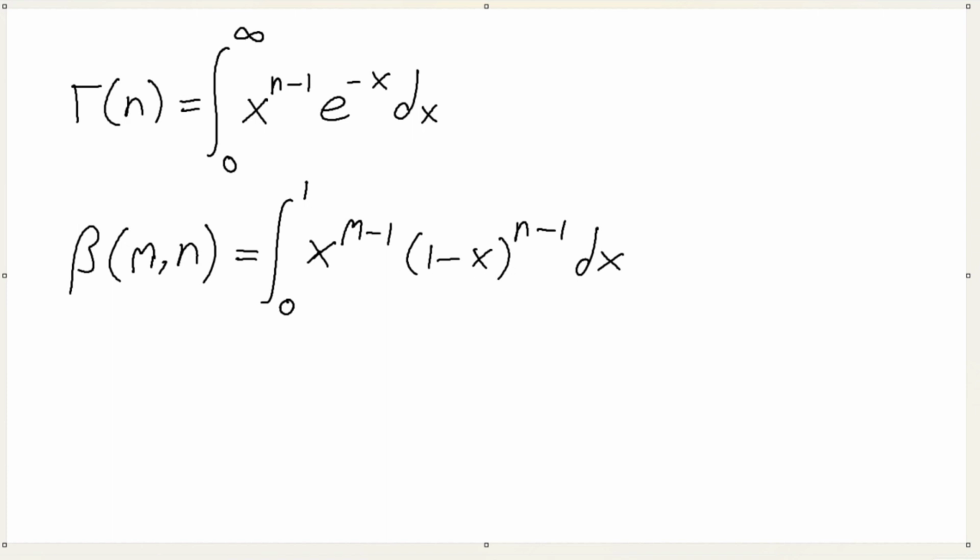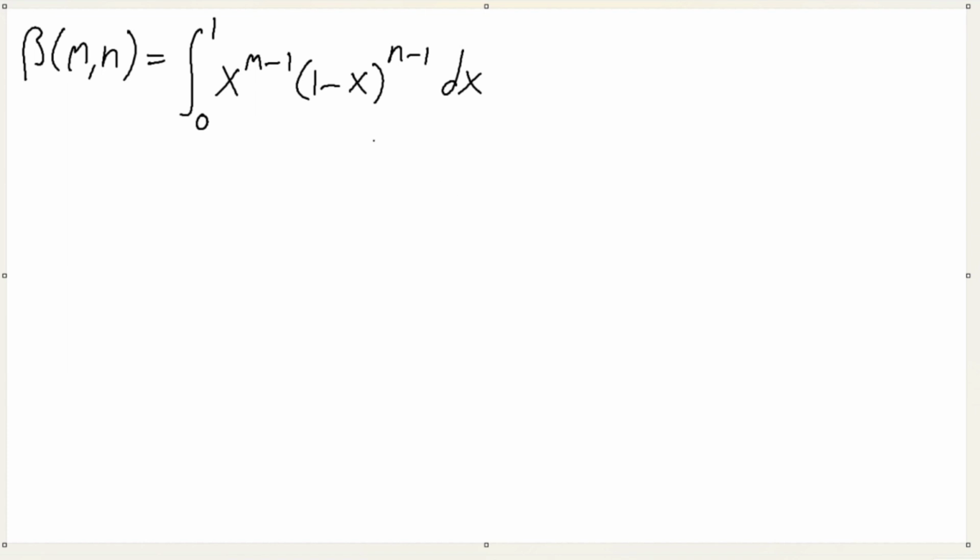And that's it. In fact, there are 3 forms that we must know. It could be either way. It doesn't really matter whether it's x or 1 minus x.